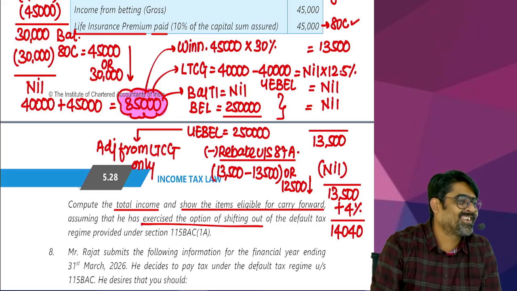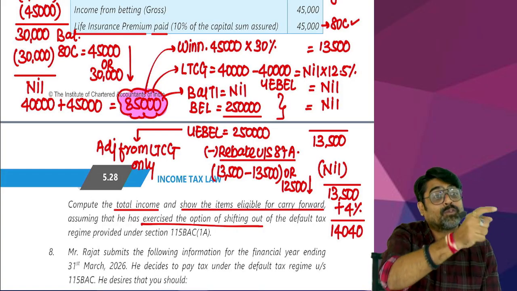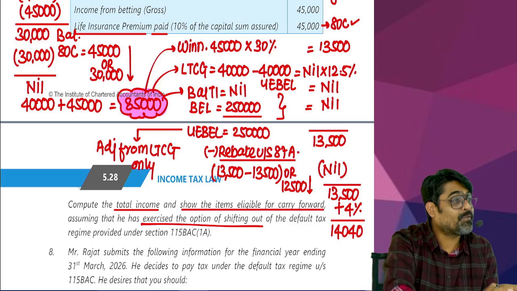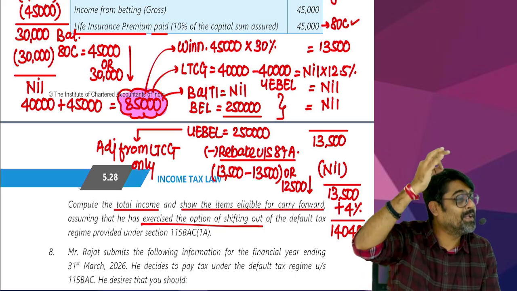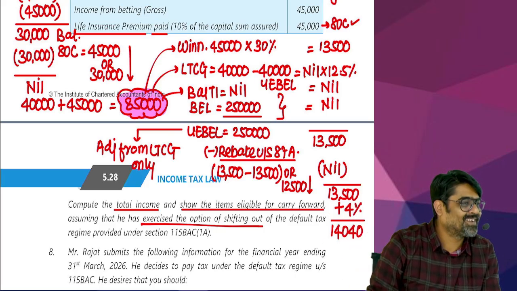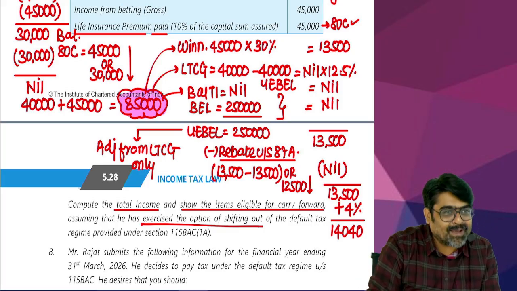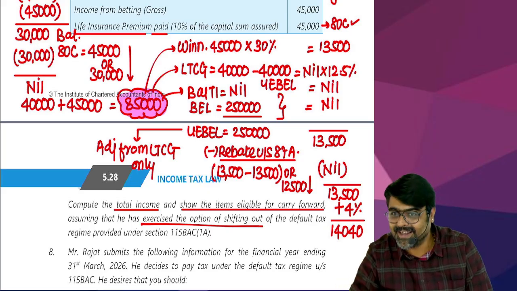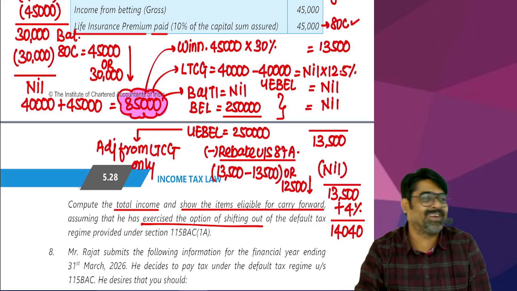Absolutely yes. Because see, the winnings amount is 45,000, more than 10,000 on winnings, definitely 30% TDS would have been deducted. So if you are calculating your final tax liability, and you are not taking the credit of that TDS, that means your answer is incomplete.